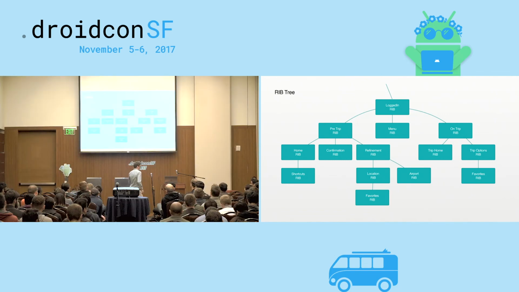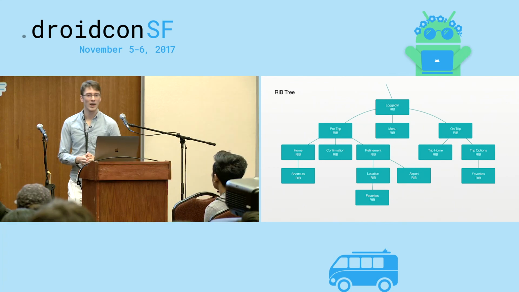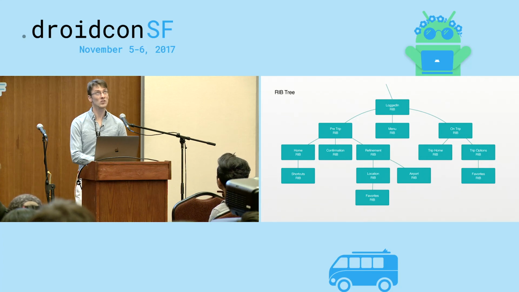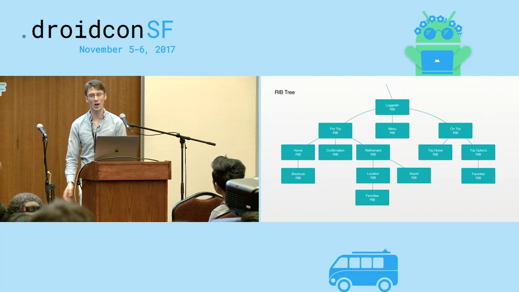Yeah. How do we propagate state upwards? Is that the question? Okay. So you can imagine that there was a root Rhib, and there was a logged in Rhib. Originally, when you install the app, there'll be a root Rhib, and there will be a logged out Rhib. And that logged out Rhib is going to do a ton of stuff. It'll do onboarding, whatever.